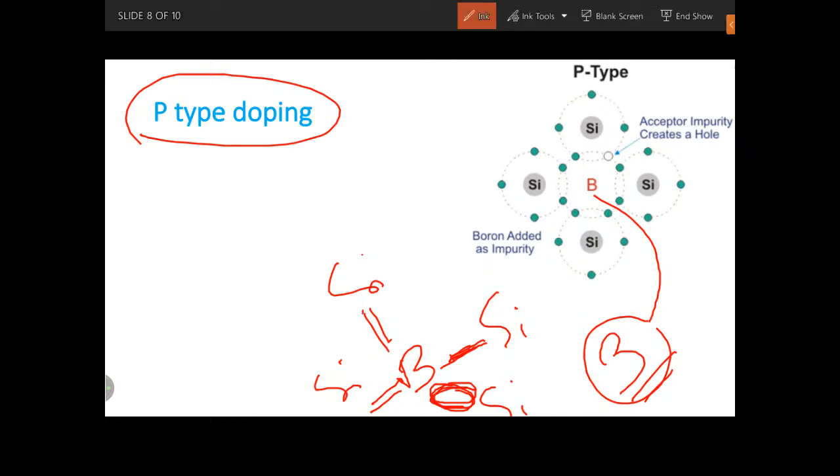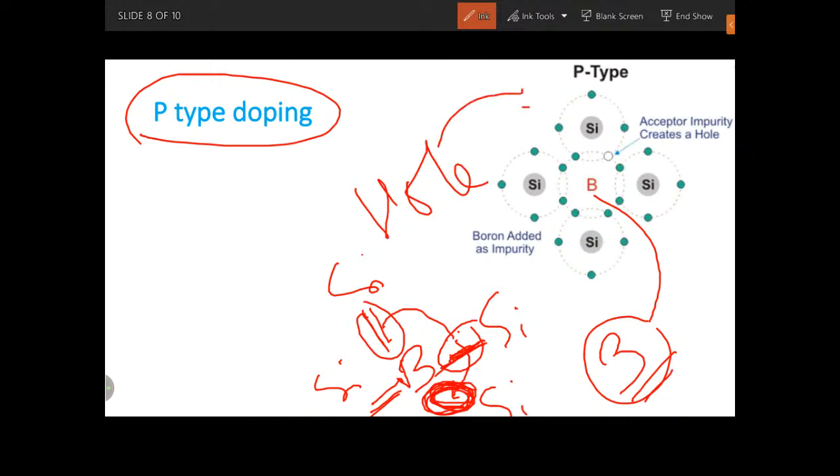Okay, boron. 1, 2, 3 bonds with silicon, but one bond it is not able to form because it doesn't have an electron. So a hole, a blank, is created here. As soon as the bonded electron comes to know, it will try to come into this blank. Again one blank will be created here, again an electron will come, again one blank will be created. So continuously a hole is created, and in order to fill that hole, an electron is moving. This hole is actually doing nothing but increasing the movement of electron.